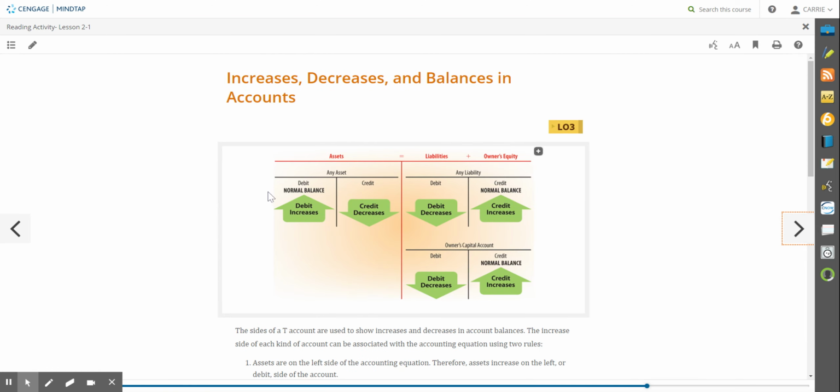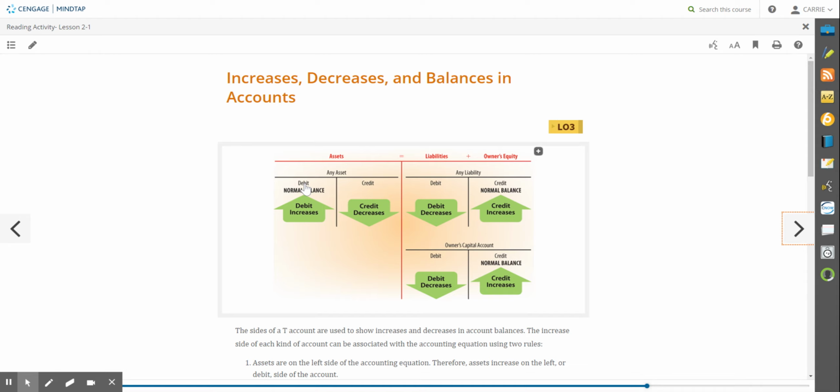Okay, so certain accounts increase in different ways. I would make this into notes because it makes it easier for you to remember and have on hand. I even have them written down, so if I ever have to refer back, I can, but it's really good to memorize. First, we have any asset. Remember, our assets right now are cash, supplies, accounts receivable, and prepaid insurance.